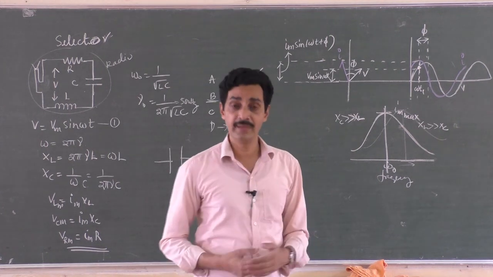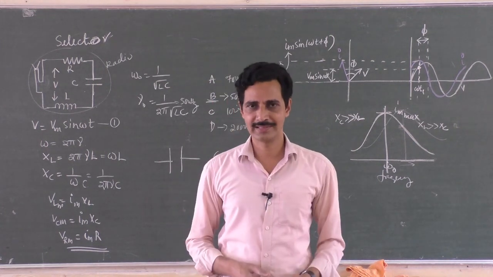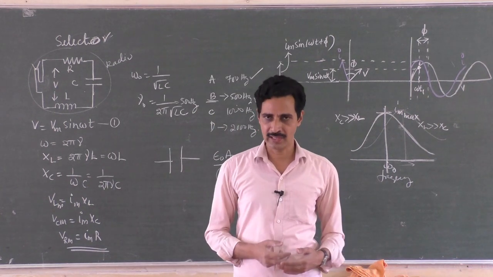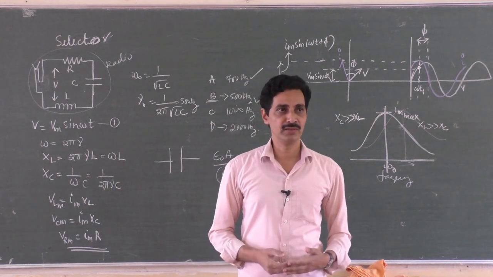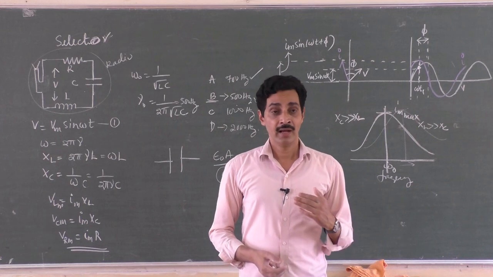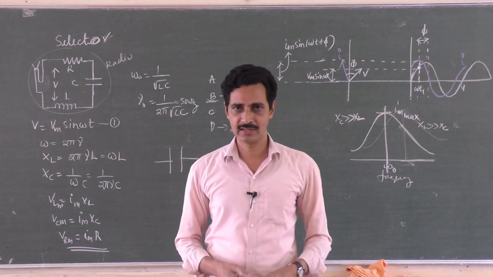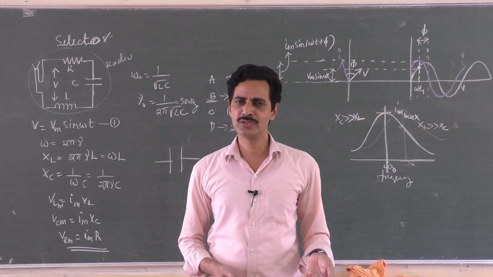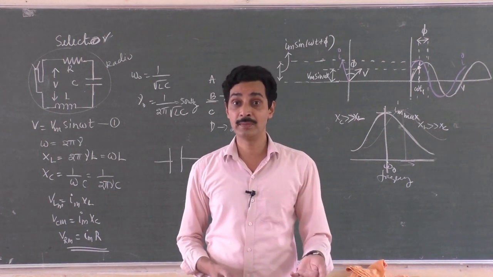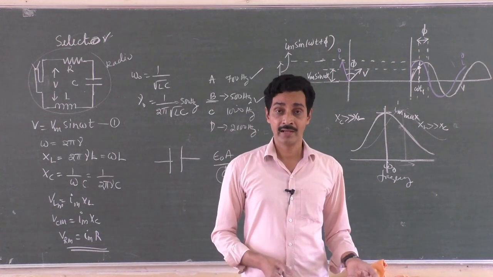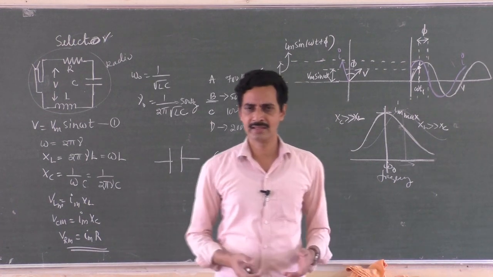So even TV communication requires the same type of resonance, because in TV communication you will send a lot of signals. Of course, TV communication signals are much more complicated than radio communication signals, because in radio communication you need to send only an audio signal. What about TV communication? You need to send video as well as audio, and you should have many other signals along with them.